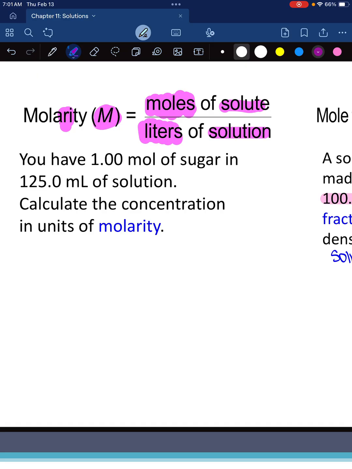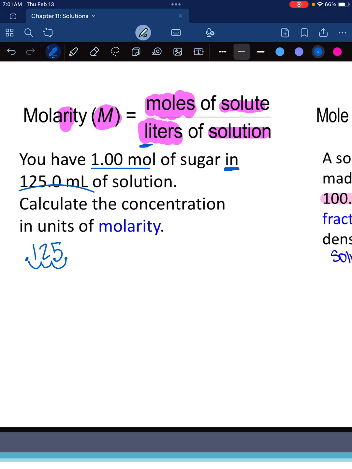So we have 1 mole. I always go through my problems and underline. So 1 mole of sugar in, I think "in" is a pretty big deal, 125 milliliters of solution. So first of all, I'm going to think about, we're using liters, so we can easily go from milliliters to liters by moving your decimal 1, 2, 3 times.